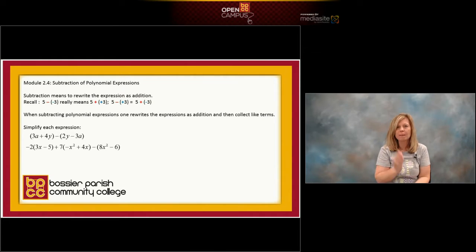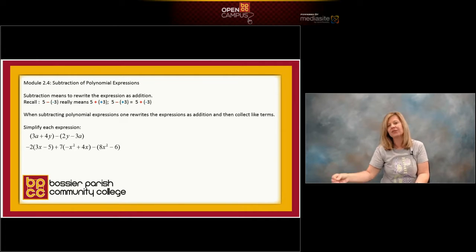We're going to change the minus to addition. And then whatever's behind that subtraction symbol will become the opposite. And the opposite of negative 3 is positive 3.